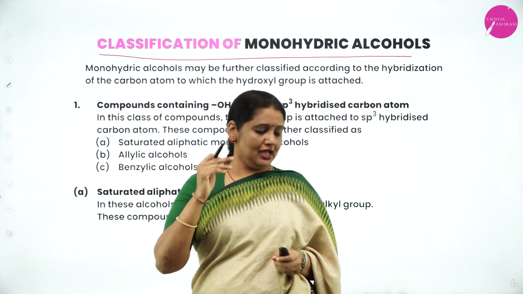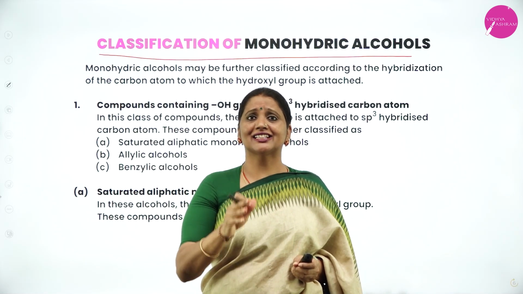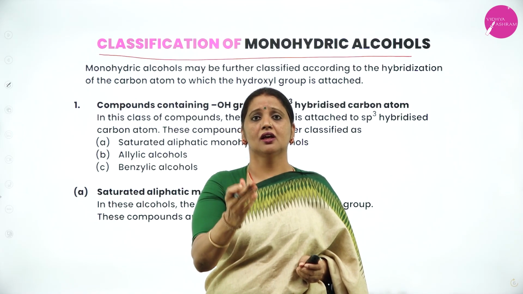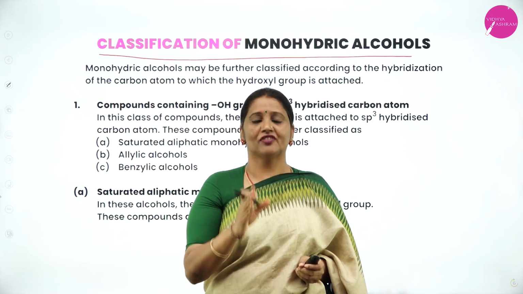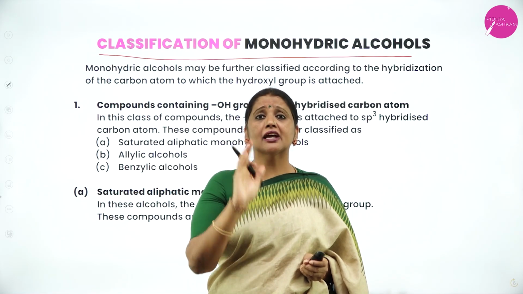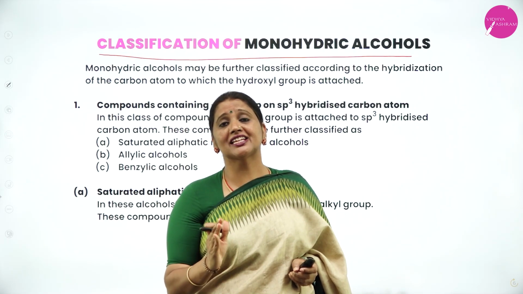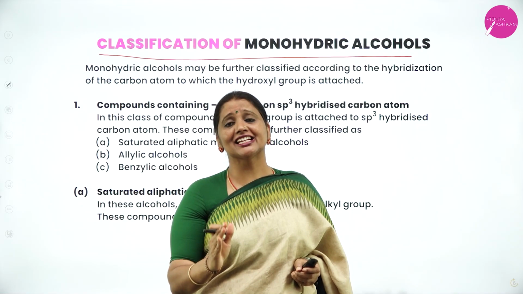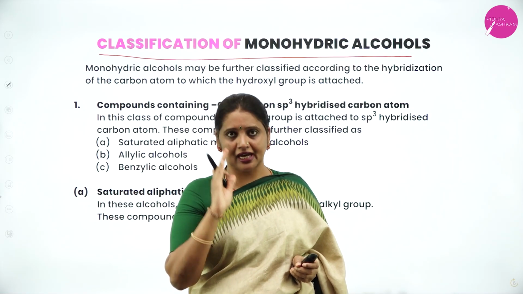Next, classification of monohydric alcohols. Monohydric alcohols are classified into two types based on which type of carbon the OH group is attached to. In the first case, the OH group is attached to an sp3 hybridized carbon. In the second case, the OH group is attached to an sp2 hybridized carbon.